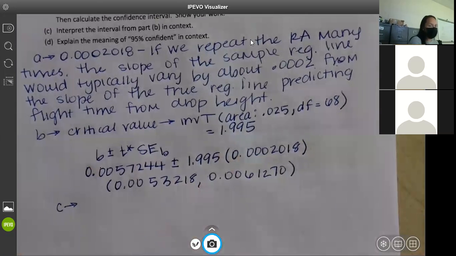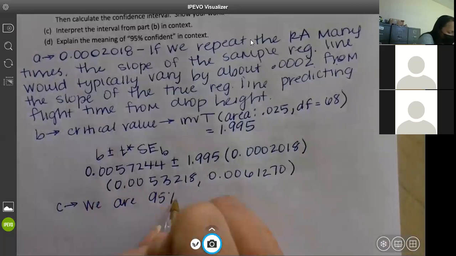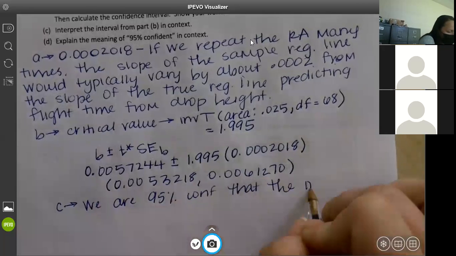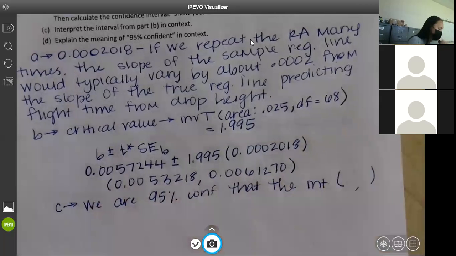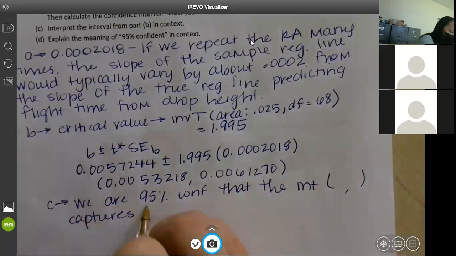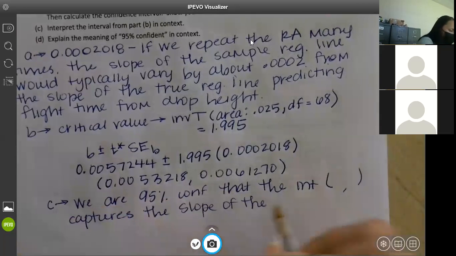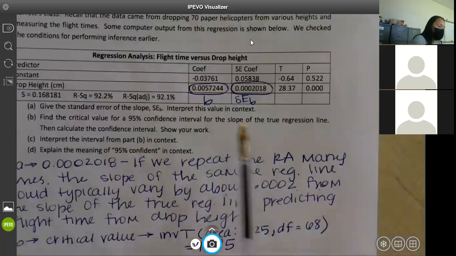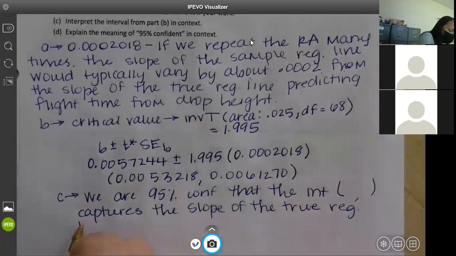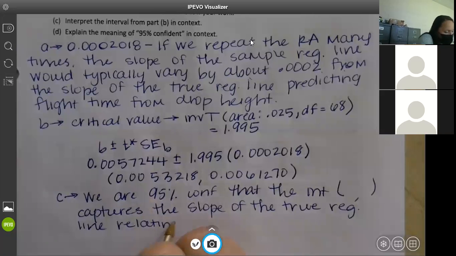C says interpret that interval in context. We are 95% confident that the interval captures the slope of the true regression line, again, right here, true regression line relating drop height and flight time.